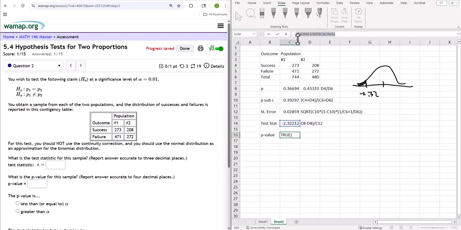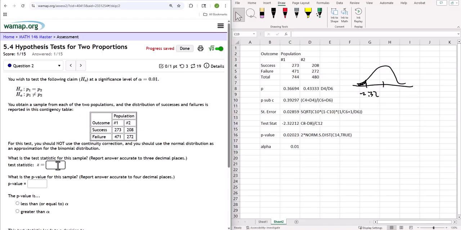So here we are with our p-value, and somewhere at the very top we had alpha equal to 0.01. That's from right here. So we need to make a comparison of our p-value to alpha to make our decision. So in this case, our p-value is greater than alpha, so we will not reject the null hypothesis.